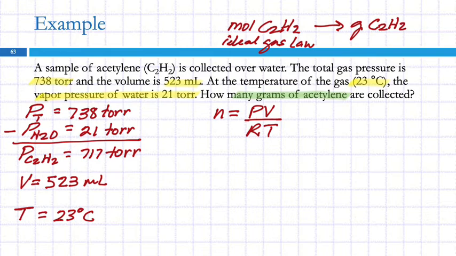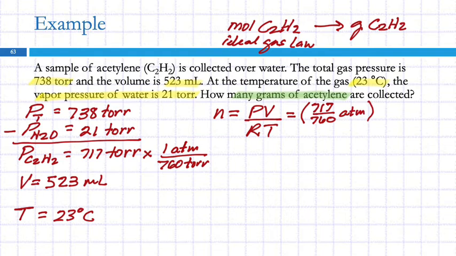So the moles of gas is equal to pressure times volume divided by R times the temperature. So we want the pressure of the acetylene because we want the moles of just the acetylene. In fact, what some students do is they're like, well, 717 over 760, and that'll be in atmospheres.